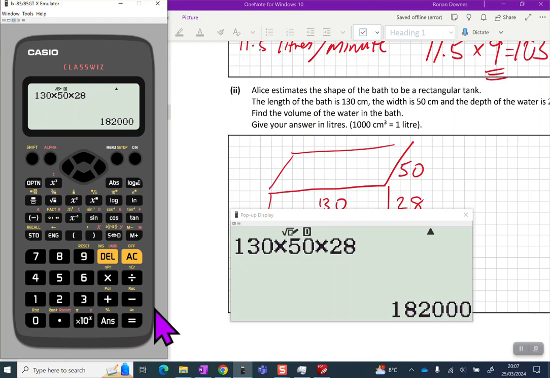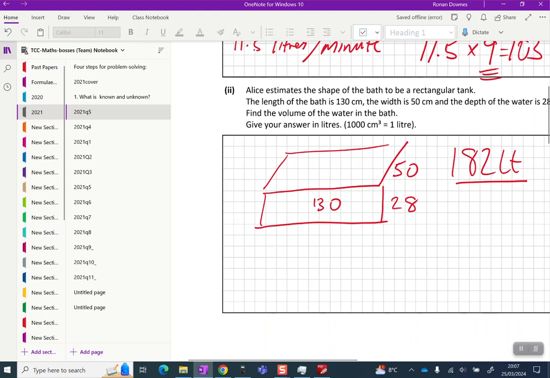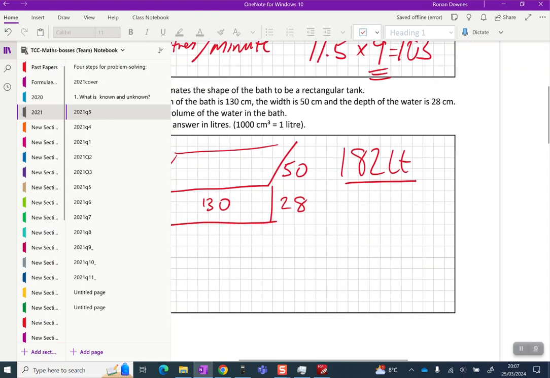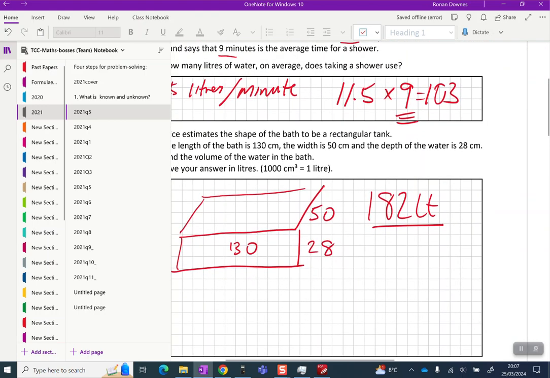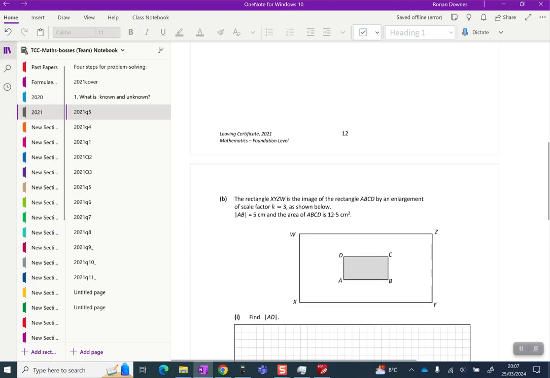So we get 182 and 3 zeros. So that's 182 liters. Okay, so in comparison, it's slightly bigger, but not quite twice as big as a shower.